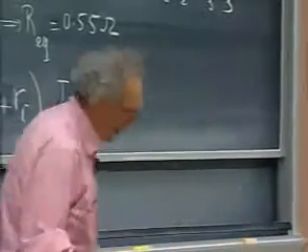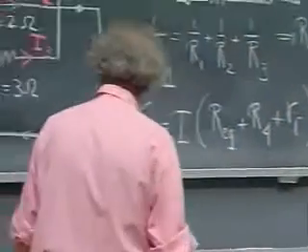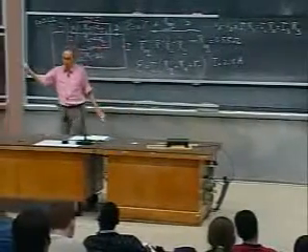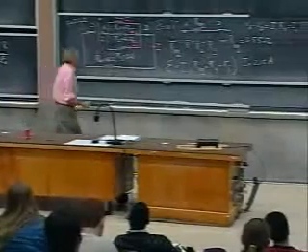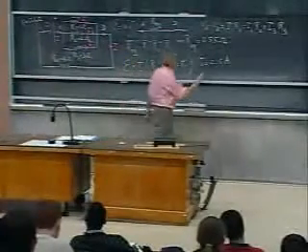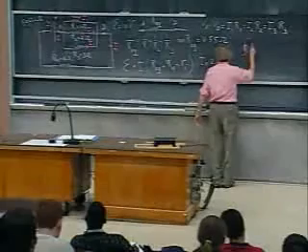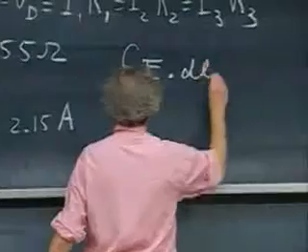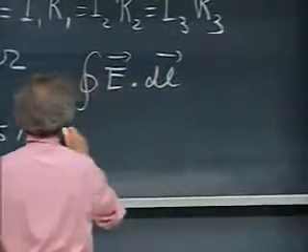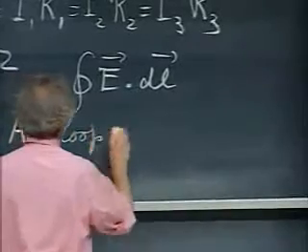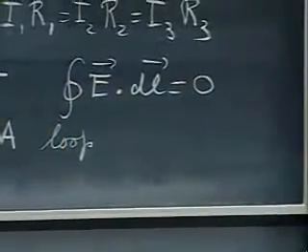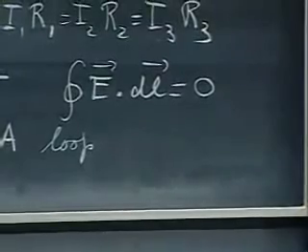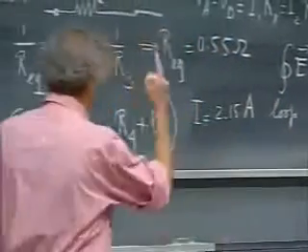And now I'm going to apply Kirchhoff's first rule in order to find I2. I could have found I1, but I just decided on I2. Kirchhoff's first rule says that the closed loop integral of E dot dl, this now is a closed loop, is 0. In the future you will see situations where it's not 0. Here it's 0.